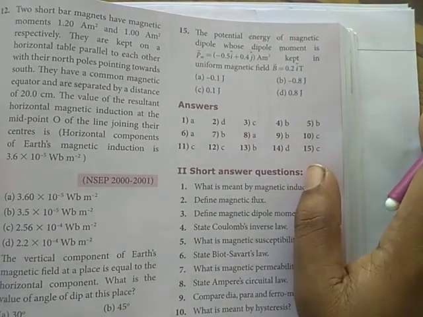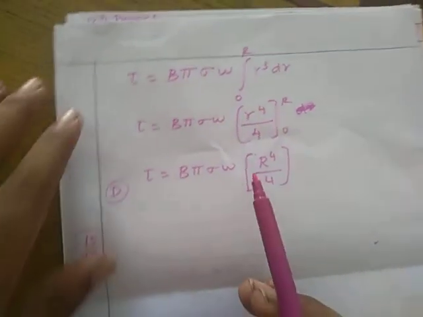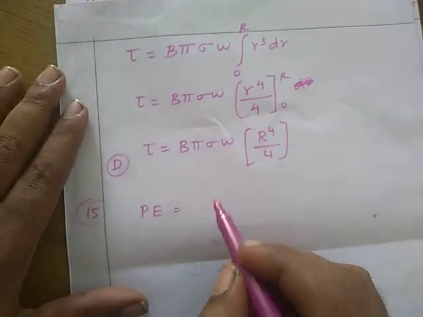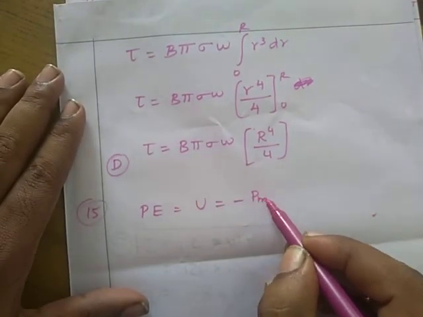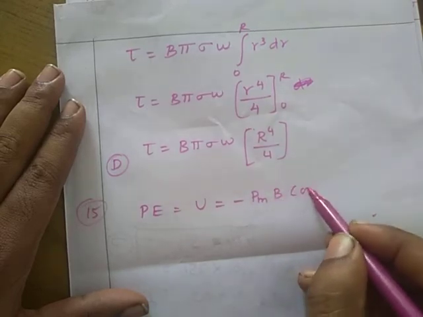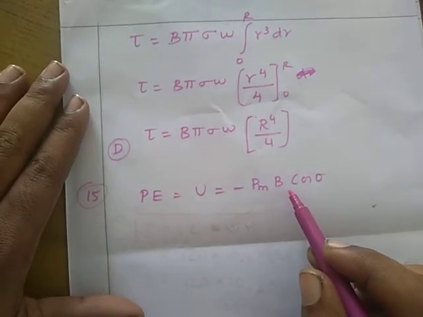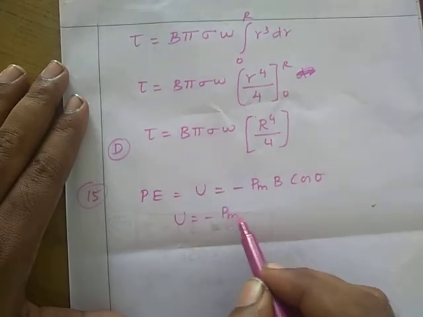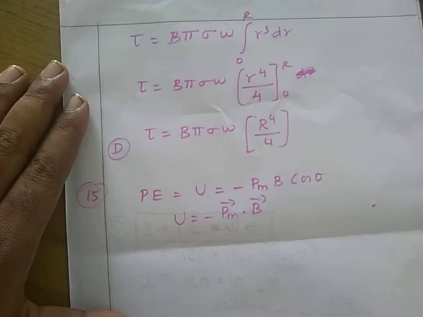It is solved by the expression, potential energy U equals minus Pm B cos theta. In order to write the equation in vector form, U equals minus Pm vector dot B vector. It is a dot product. It is an easy one.